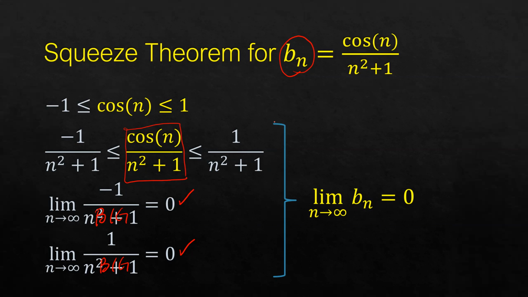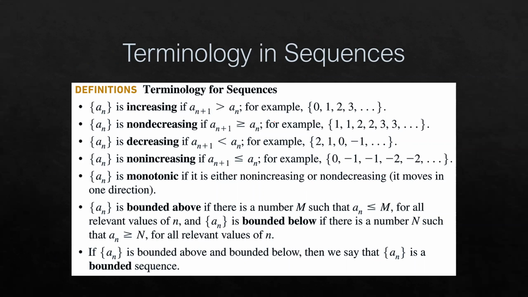Okay, some terminology here. I want to focus on this one right here. Non-decreasing means the a(n+1), the next term, is always going to be greater than or equal to the previous one. So we call that non-decreasing. It's not decreasing, right? It's either going to be the same or higher. And then non-increasing means the (n+1)th term is always going to be less than or equal to the nth term.